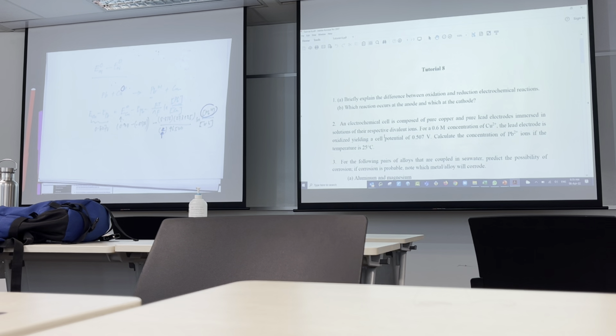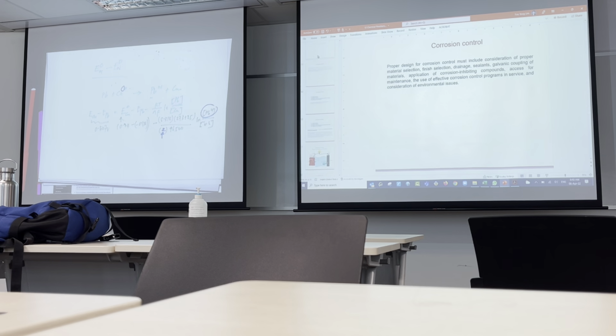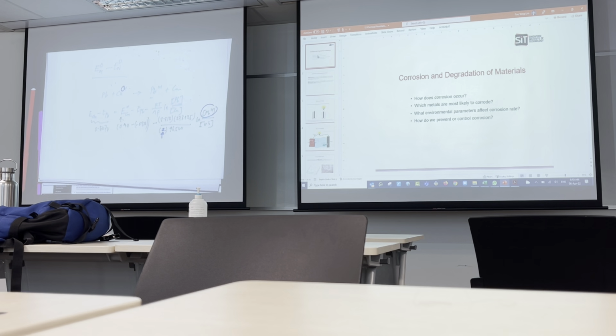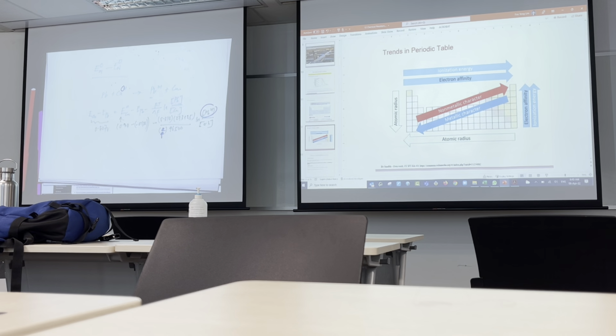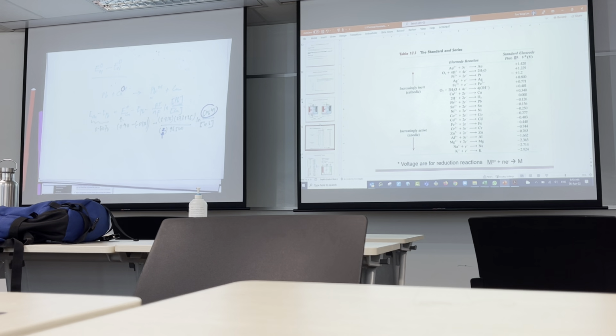Yes, the table is actually, you go back to this one. This is actually the EMF table. So you go to the EMF table, and this will be given over here.